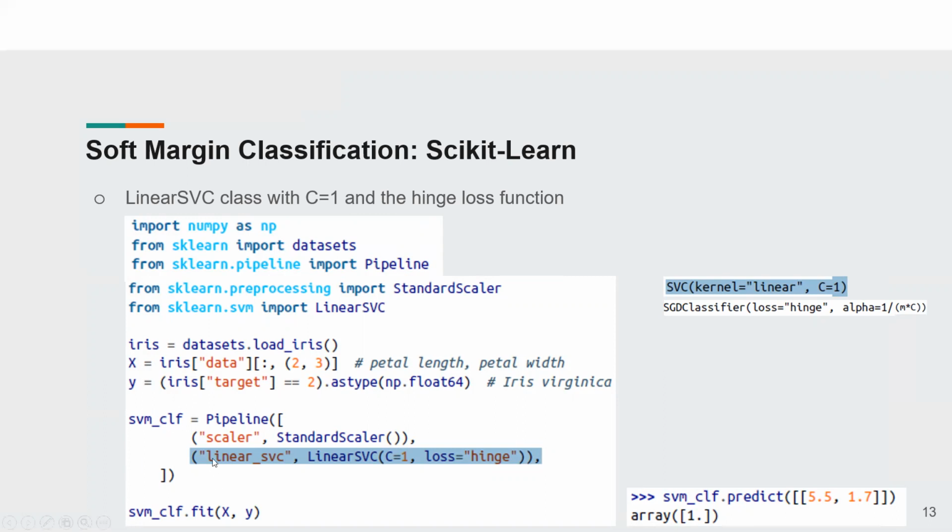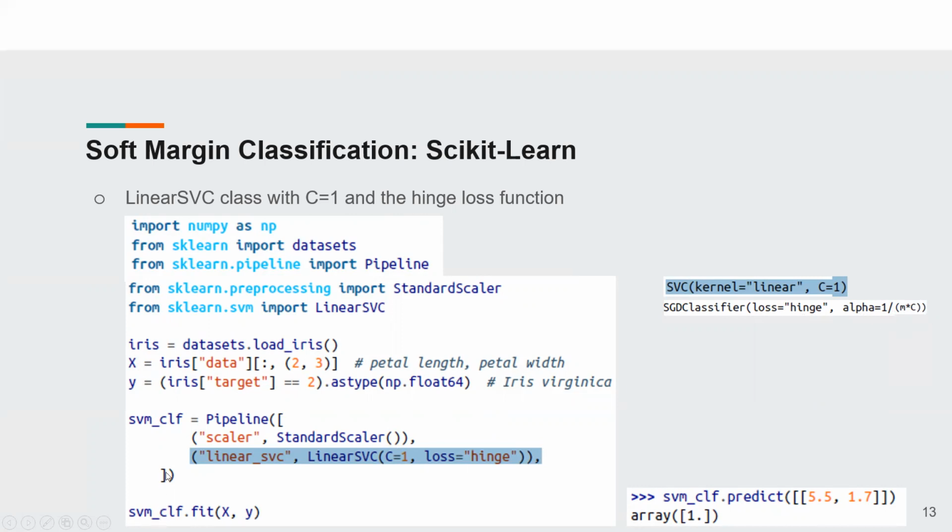You scale first, and then you do LinearSVC with C equal to 1 and loss function being hinge. This is equivalent to leveraging SVC directly rather than LinearSVC: you do SVC with kernel function being linear and C equal to 1. You could also leverage SGDClassifier, loss function being hinge, with alpha equal to 1 over m times C.